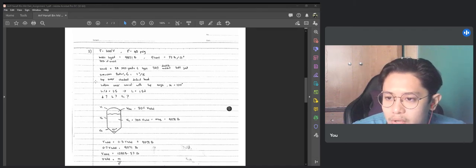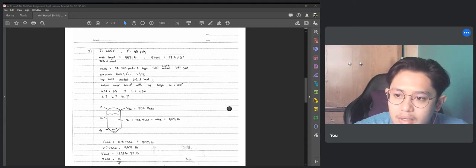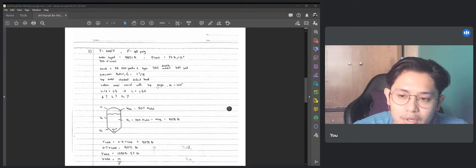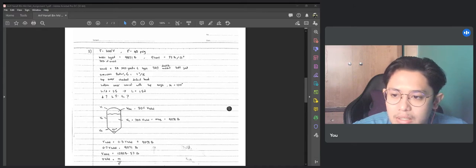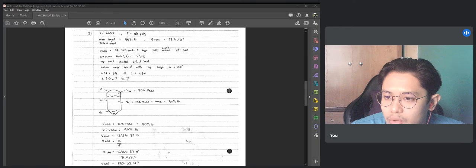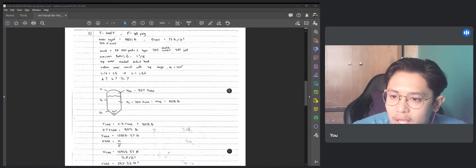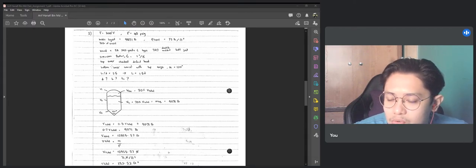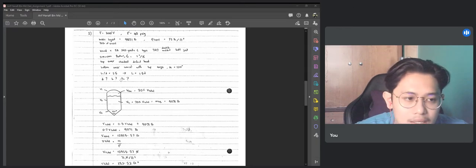It also has stated that the top cover is a standard dish head and the bottom cover is conical with top angle equal to 120 degree. Then the L over D equal to 1.5, which we can convert to L equal to 1.5 D. So in this question, we need to determine the diameter, length and the thickness.